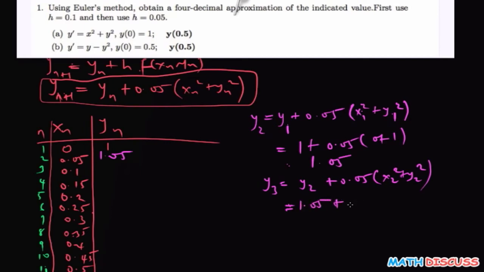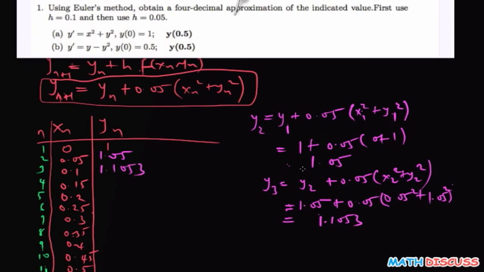So 1.05 plus 0.05 into x2 squared, that's 0.05 squared, plus y2 squared, which is 1.05 squared. When you simplify this, what you obtain is 1.1053.